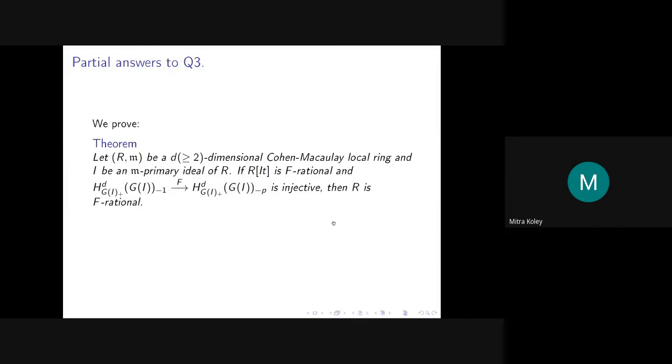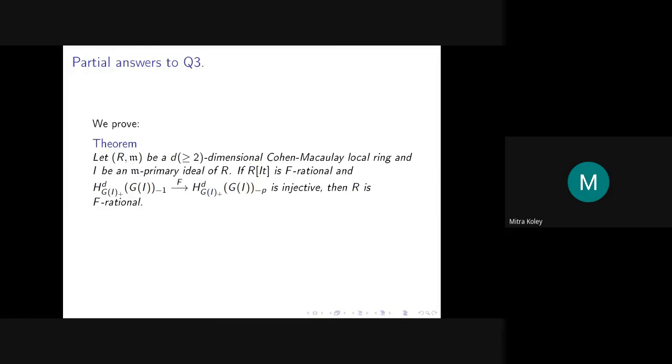So we prove, extending their result, that, let (R, m) be a d-dimensional Cohen-Macaulay local ring and I be an m-primary ideal of R. If R[It] is F-rational and H^d_{G+}(G), this local cohomology module of G supported on G+, in the -1 graded piece, to this F denotes the Frobenius action, to H^d_{G+}(G), the local cohomology of G supported on G+, on the -p part.